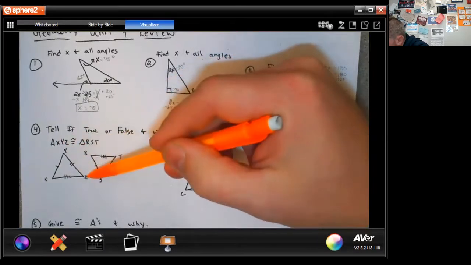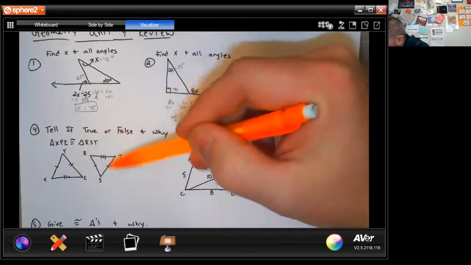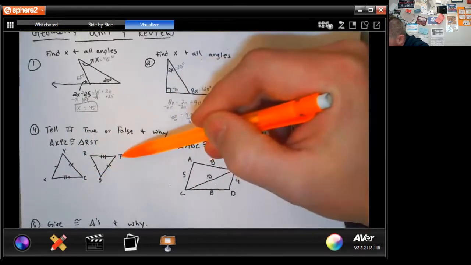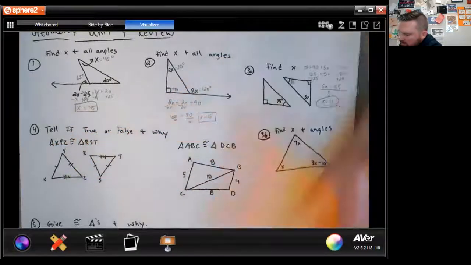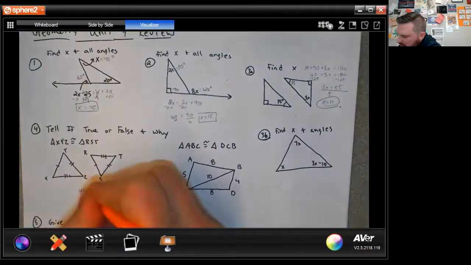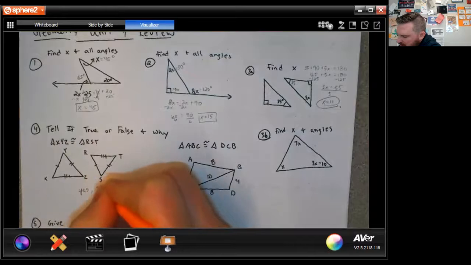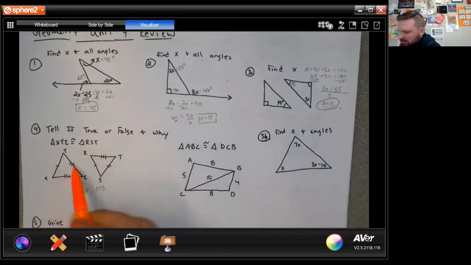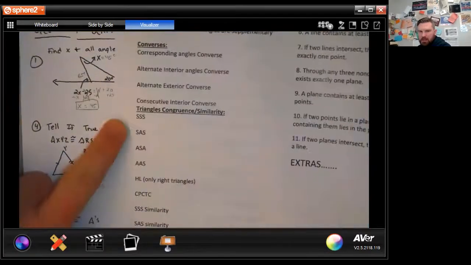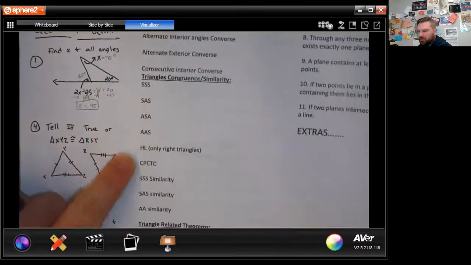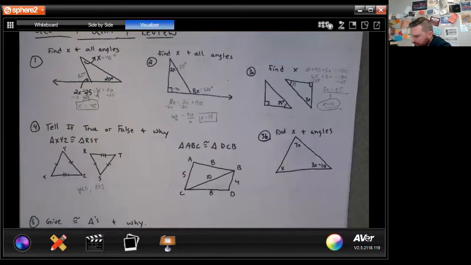YZ has 2, ST should have 2. Remember, the order matters. And XZ, RT, 3, 3. So yes, it is true because of side, side, side. Okay, side, side, side. Again, you have your list of reasons, which I'm going to go through here in just a little bit, has what you can use on it.